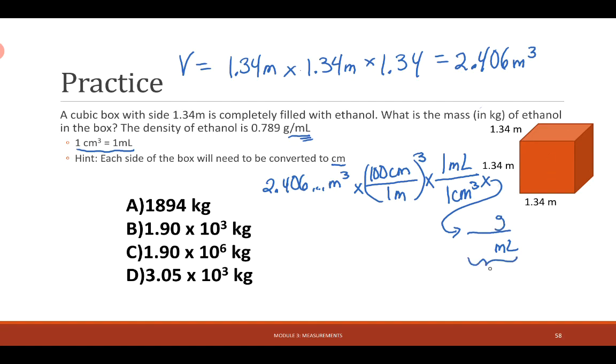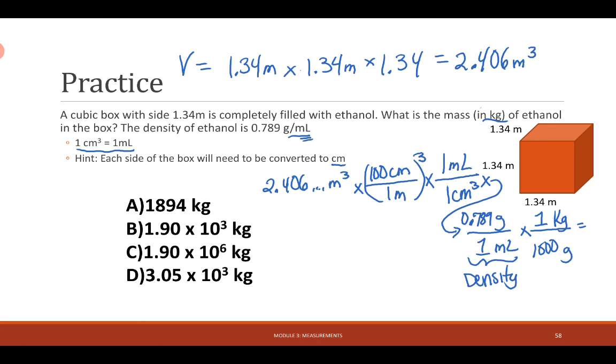This is going to be my density. And then I'm going to try to get this into kilograms. So I'll need to cancel out my grams and I'll need to get into kilograms. And so my density is the 0.789 attached to the grams, and that's per 1 milliliter. And then there are 1,000 grams in 1 kilogram.